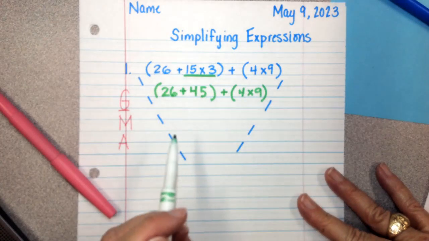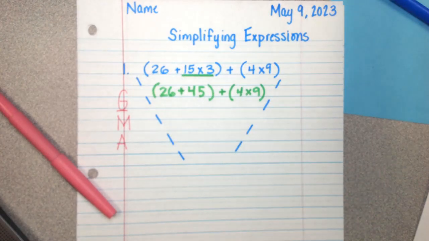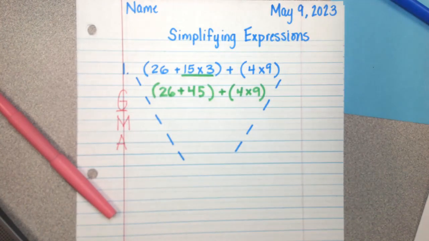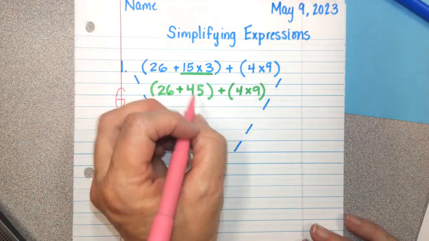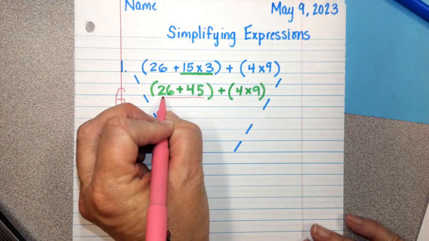I'm going to go ahead and solve what is in that parentheses right now. Let me get this a little more focused. And that would be this piece of information.